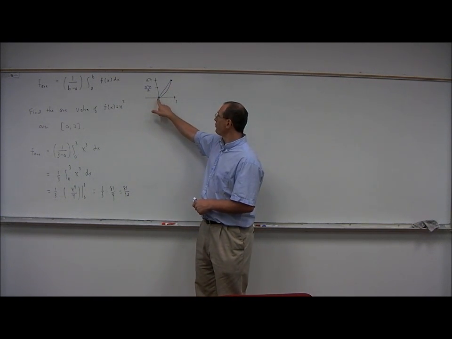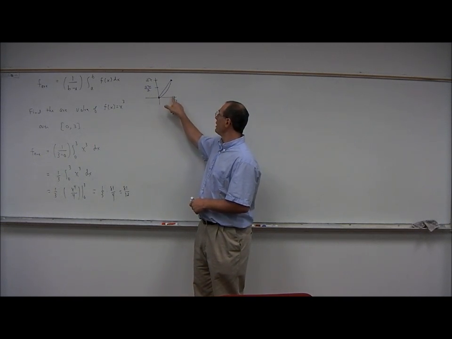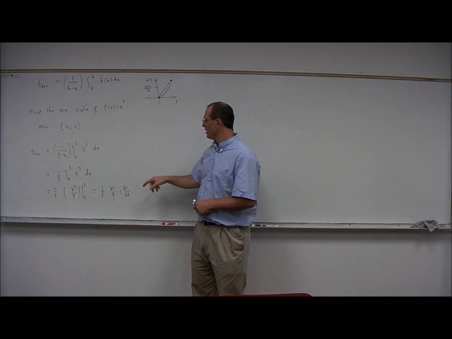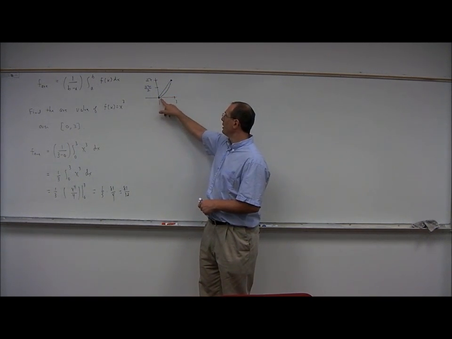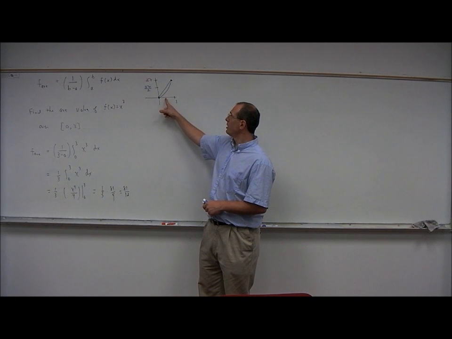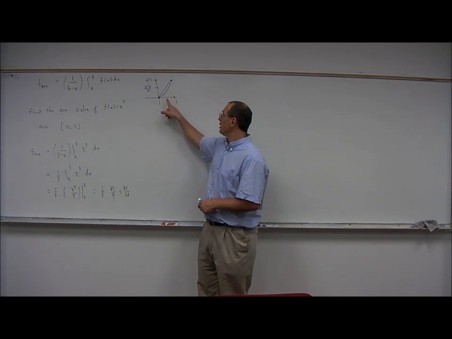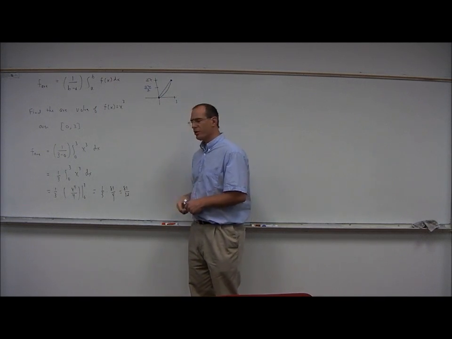So in other words, the lowest height of the function on the interval is 0, the highest is 27, 81 over 12 is somewhere in between, and therefore there should be an x between 0 and 3 such that f of x is equal to 81 over 12.